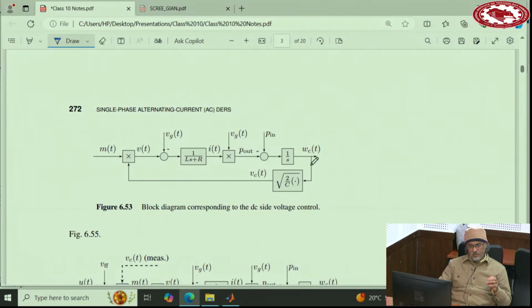From energy to voltage is a nonlinear function that goes through that and comes back. So this diagram here, based on what I just described, gives you a full description of the mathematical model of this system if you are interested to control the dynamics of capacitor voltage.